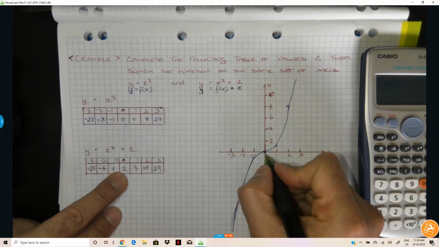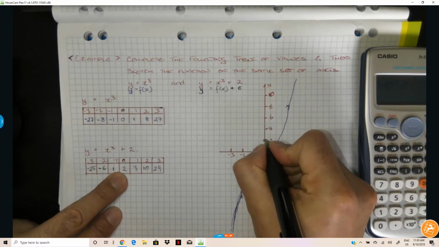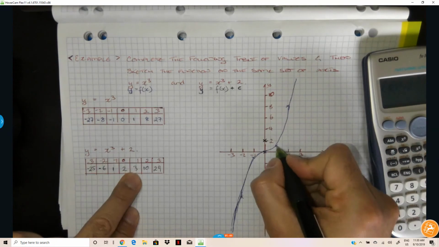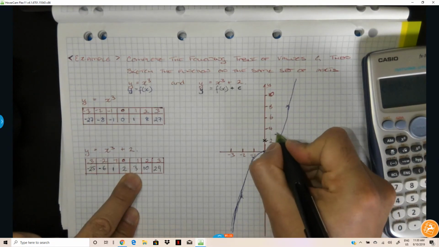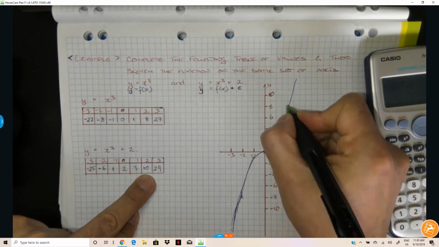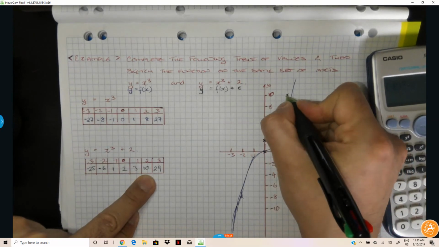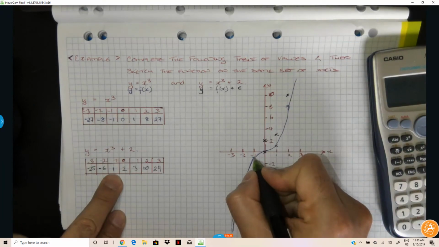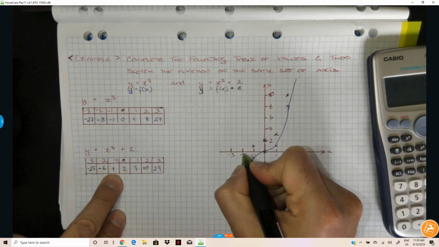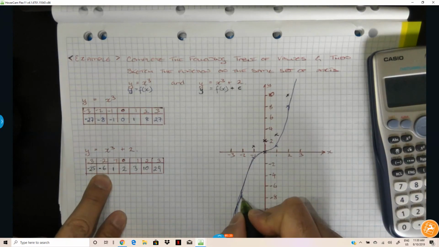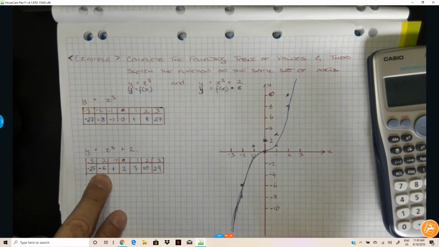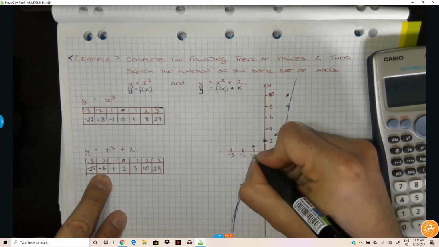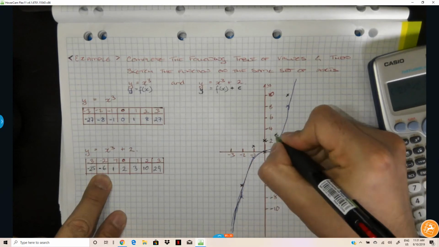So we've got 0, we have 2. When it's 1, we get 3. 2, we get 10. Negative 1, we get 1. Negative 2, we get negative 6. What I really want you to notice is the gap in between these points is 2 units.